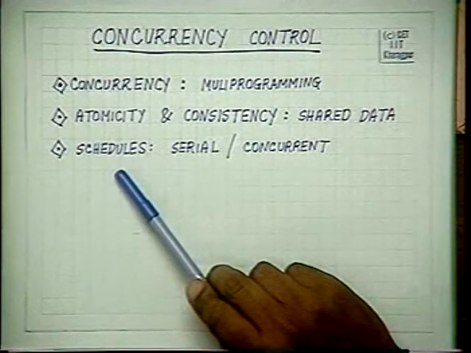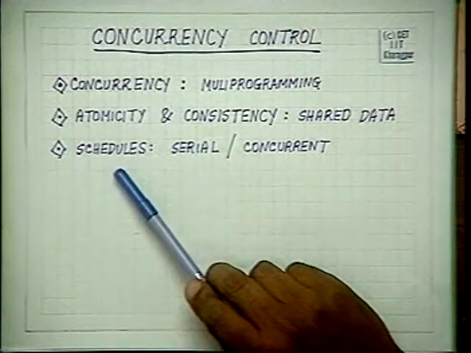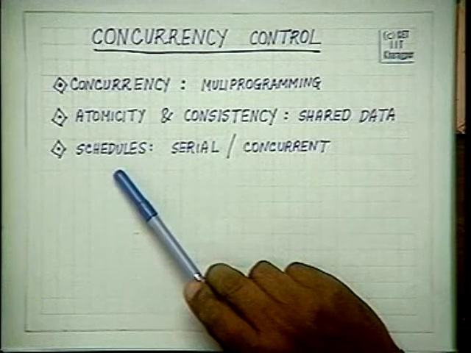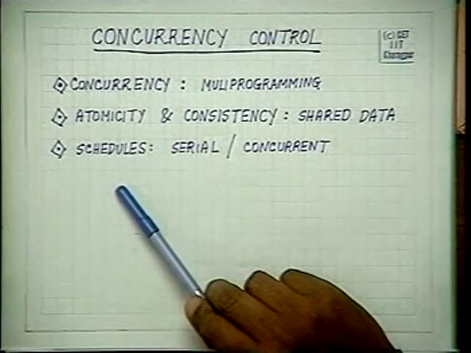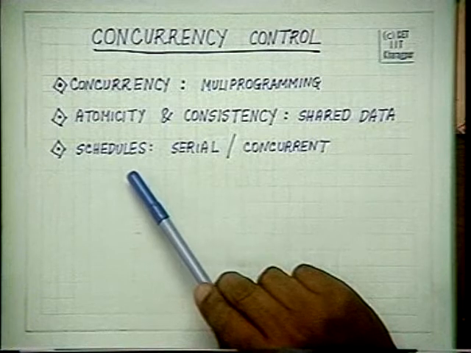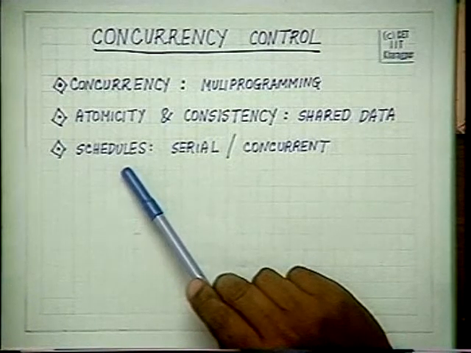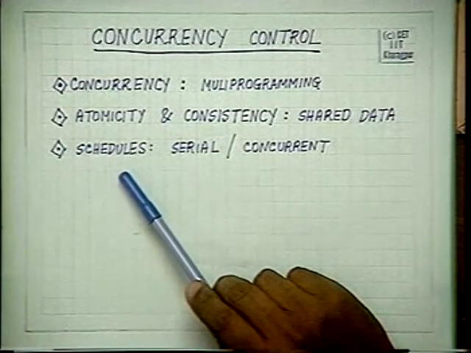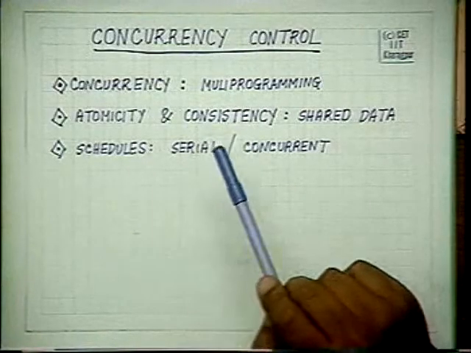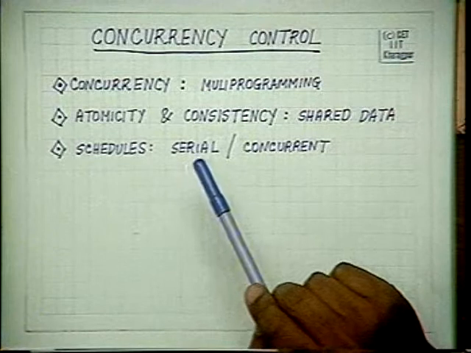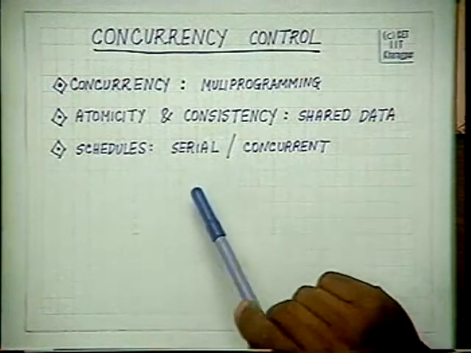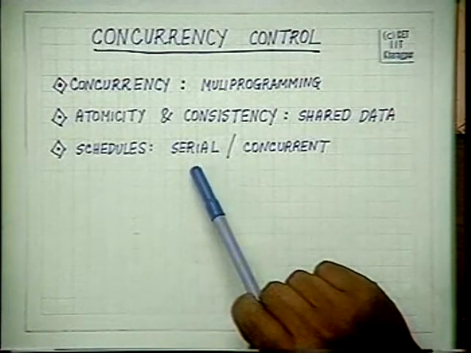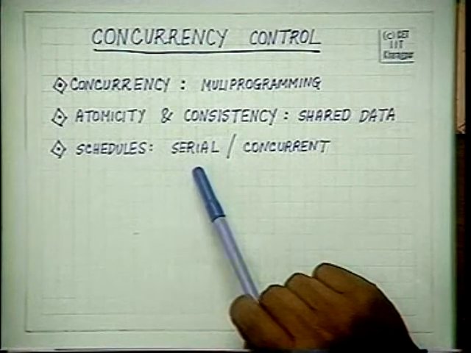For this, any arbitrary interleaving of more than one transaction which are active is called a schedule. Among the concurrent schedules, if the two transactions are parallelizable or they can run together concurrently, we have what is called a serializable schedule or a serial schedule.